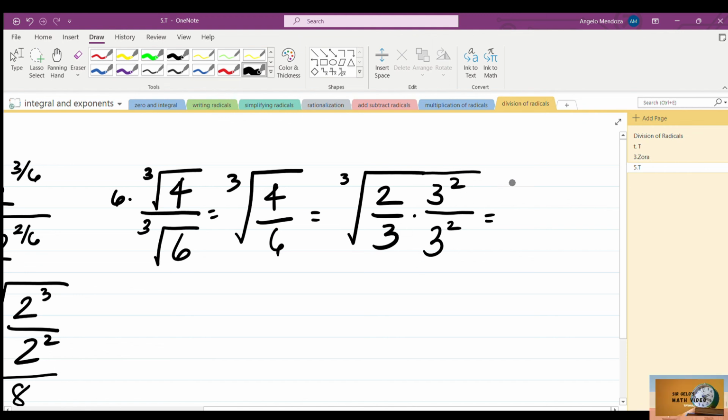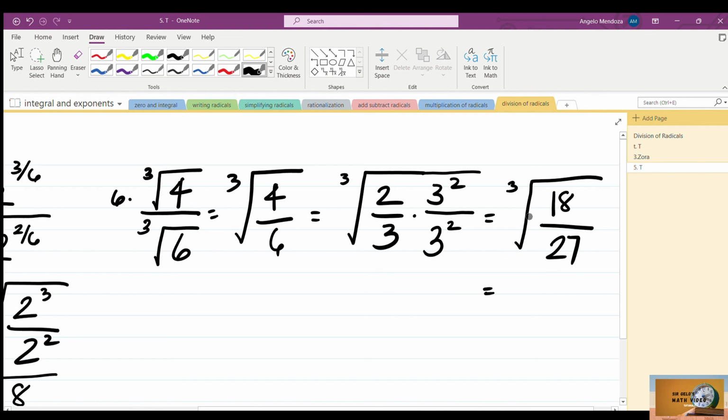So what we are going to do here is to directly multiply 2 and 3 squared in the numerator. So you have 2 times 3 squared, the 3 squared is 9, 2 times 9 is 18, over 3 times 3 squared, which is actually 27, a perfect cube number.